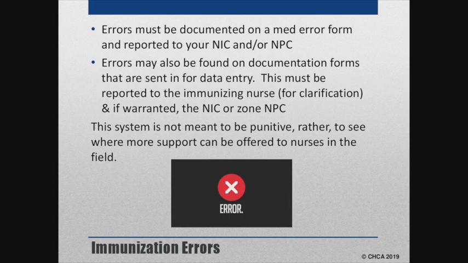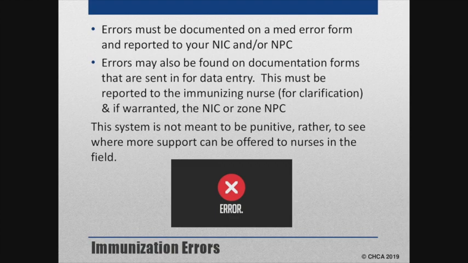If by chance there's an immunization error, either one that you make or one that you identify, it's imperative that it's identified and addressed. Errors must be documented on a med error form and reported to the nurse in charge and to the NPC. Errors may also be found on documentation forms that are sent in for data entry.